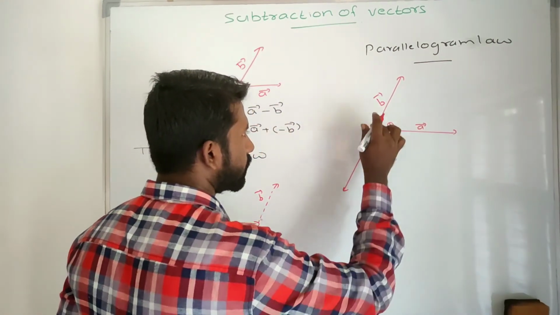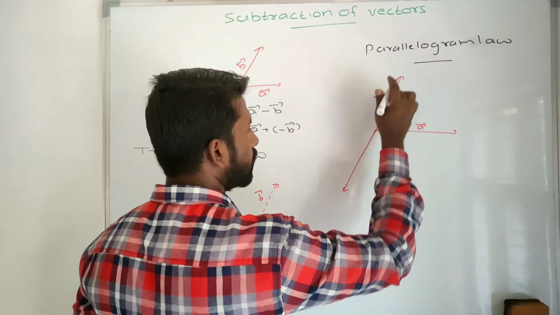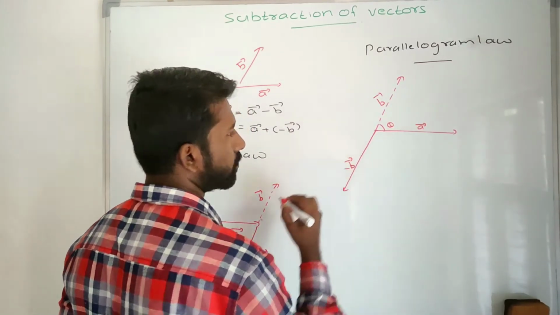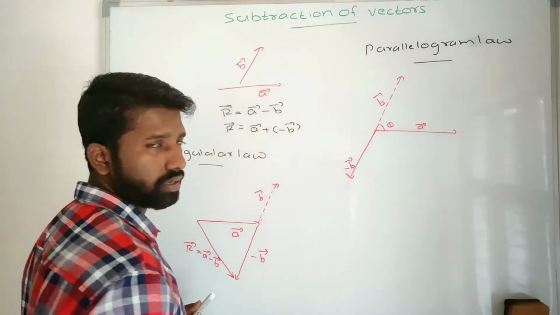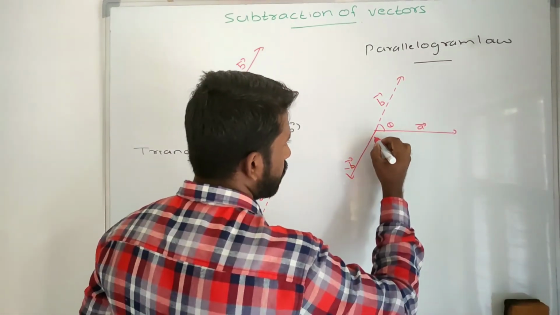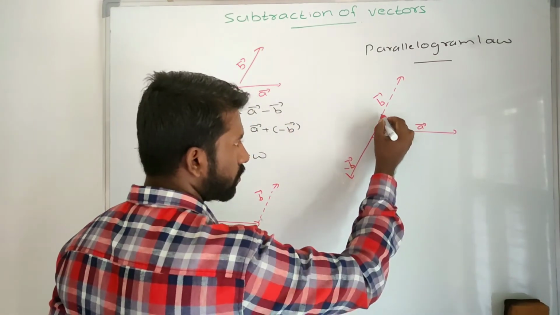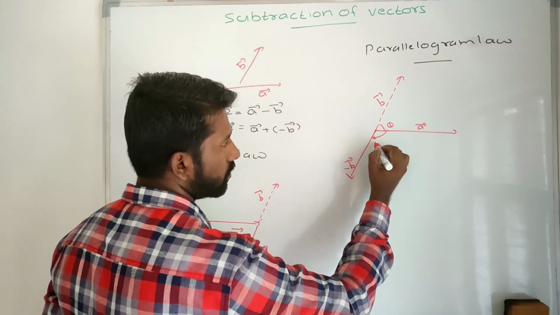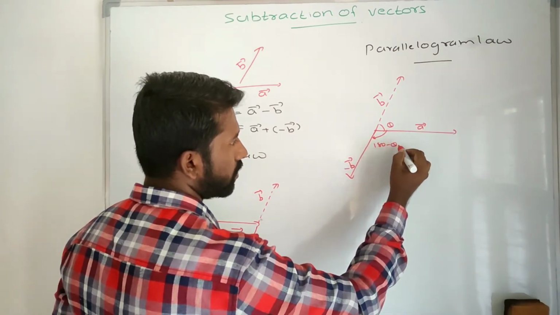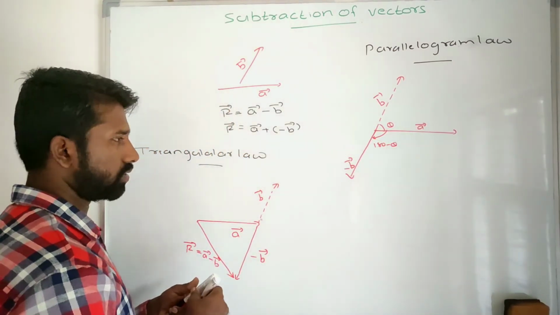Sorry, this is the minus B vector. Okay, it's not this much length, this is the length. This is the minus B vector. This angle is what? The total angle is 180. This is theta. Then this angle is 180 minus theta.